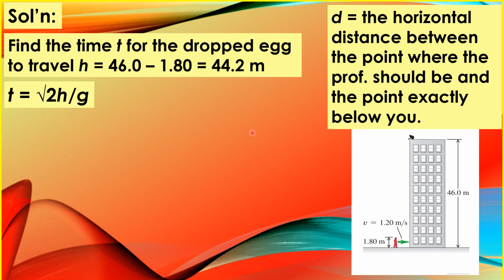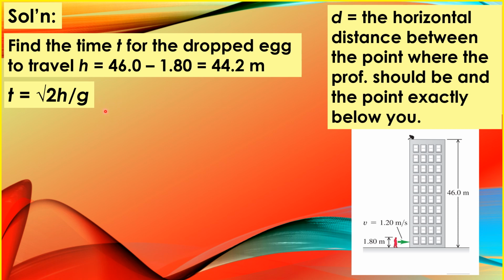And then we will determine the time, small t, for the egg to travel that distance, 44.2 meters. The formula for that, of course, is t equals square root of twice that distance h divided by g, where the initial velocity of the egg is understood to be equal to 0, so it starts from rest.